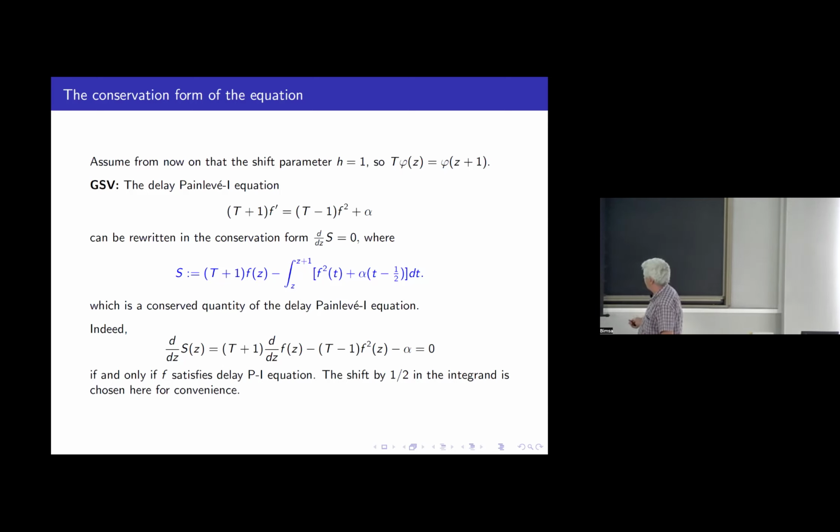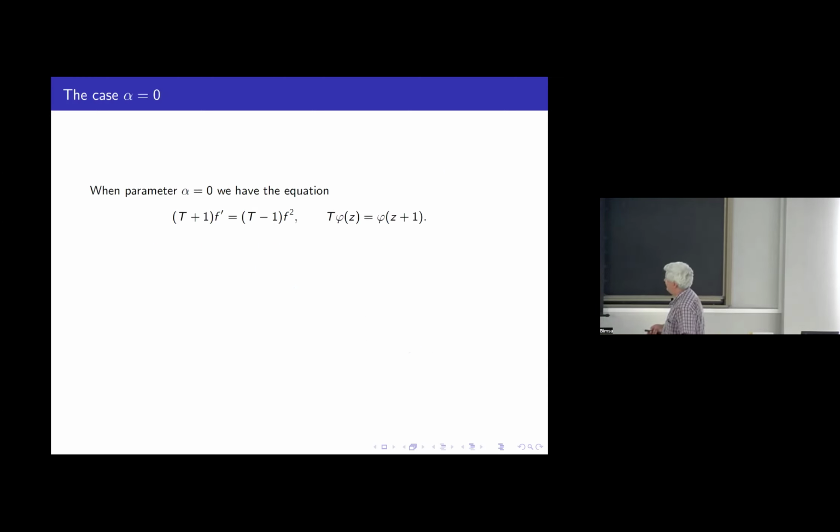The only thing is t minus 1/2, because it doesn't affect anything, but you will see that this 1/2 is the same as the 1/2 in the Riemann zeta function or Bernoulli numbers. This 1/2 is of the same nature. The parallel will be there anyway.